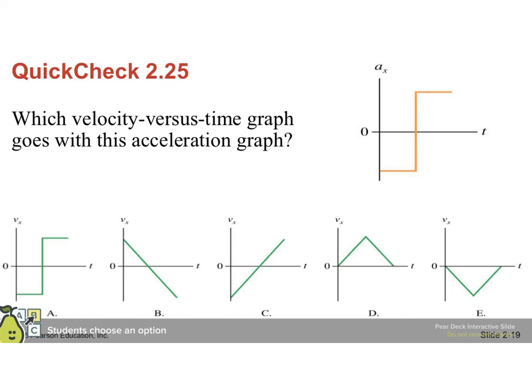So if we look over here and we say, which of these work? That's not a line sloping downward and then upward. This is a line sloping downward, but then sloping downward some more. This is a line sloping upward and then sloping downward, so that's no good. This is a line sloping upward and then downward, so it must be this one.